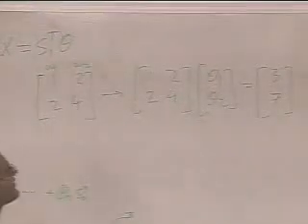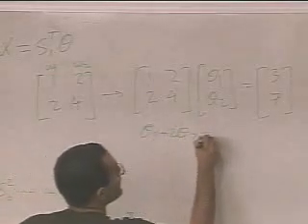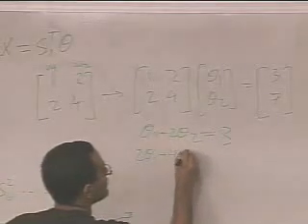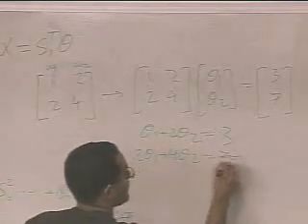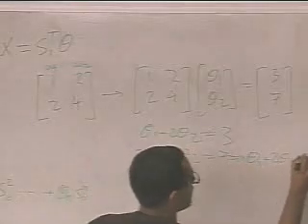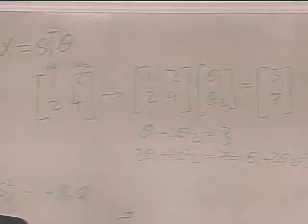Let's see if there is a theta that will make it. So theta 1 plus 2 theta 2 equals 3, and 2 theta 1 plus 4 theta 2 equals 7. Divide the second by 2, it would be theta 1 plus 2 theta 2 equals 3.5. Obviously there is no solution for this, so you cannot make it.